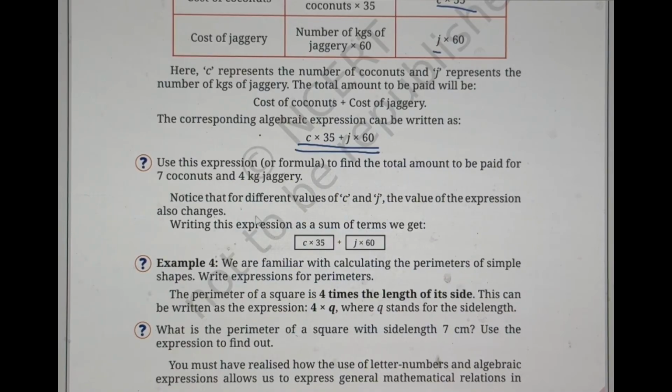So let us see 7 into 35. Here what can we do? You will wonder, we can't halve 7. So just do it with 6 first and then add 35. So we double 35, so 70, 3 sevens are 210. 210 plus 35 will be 245.